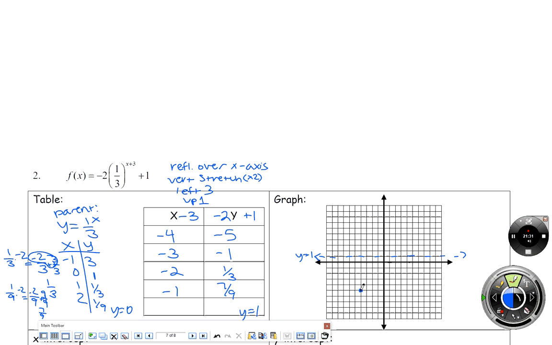Negative 3, negative 1. Negative 2, positive 1/3. And then negative 1, 7/9, which is like almost 1. So that corresponds really well because it looks like it's getting really close to that asymptote at 1, but the curve is going this way. Are you okay with this?